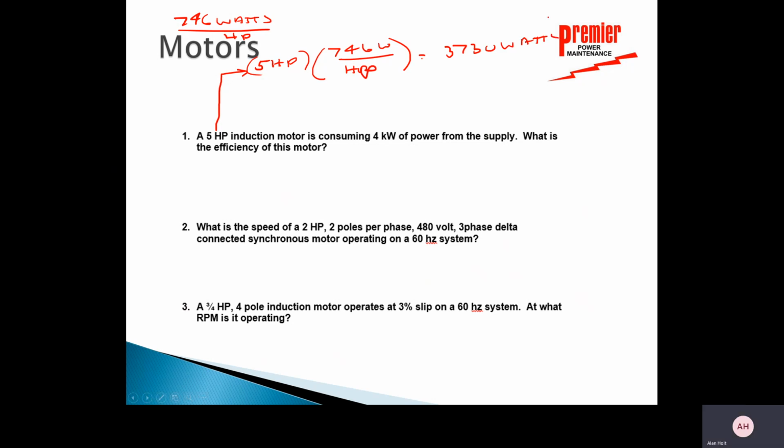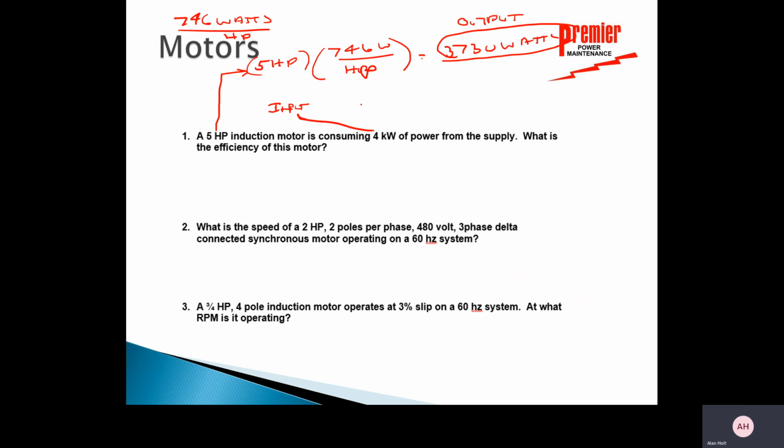Now, the basic understanding that we need to grasp here is that's how much work is being done. This is the output of the motor. Now, what's the input? 4 kW.